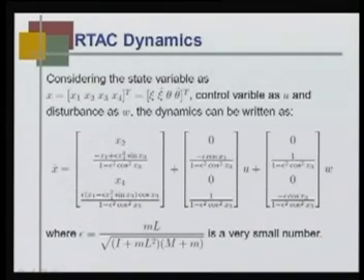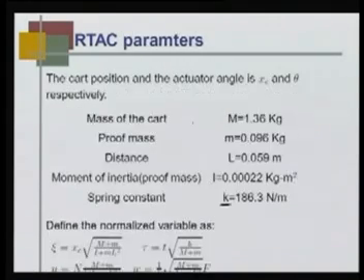The control variable is u, which is also the normalized torque, and the disturbance is w.